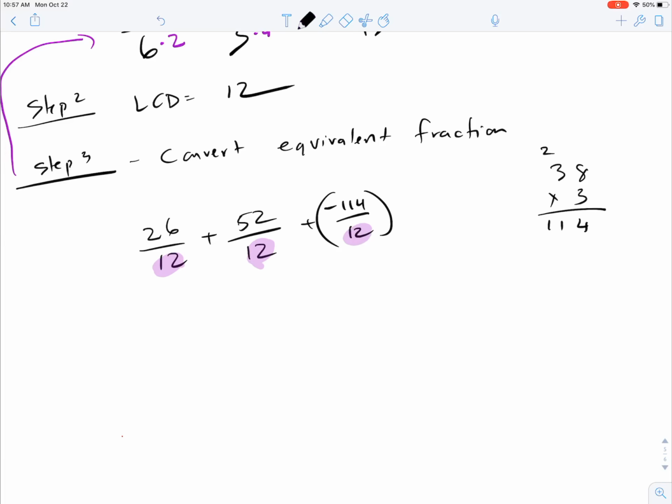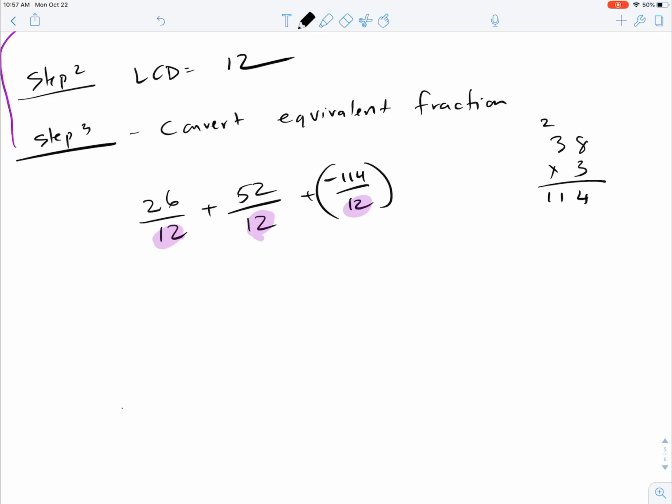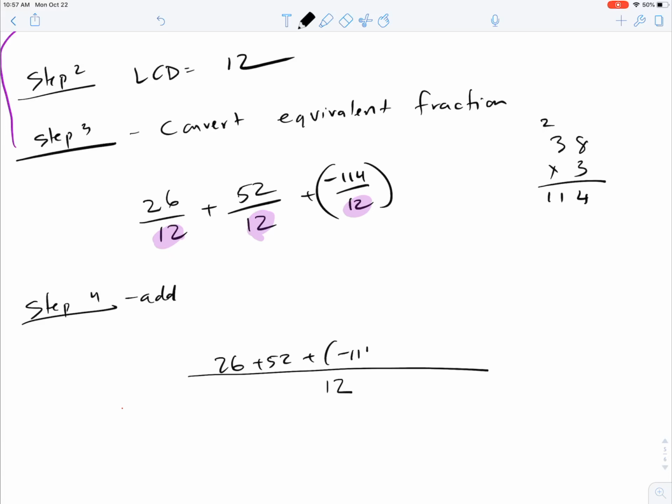Now I'm going to add all three, but I'm going to write it in a way that's simple to look at. Step 4, I'm just going to add. I'm going to rewrite just one denominator, because I know they're all common, under a big division line. So this is 26 plus 52 plus negative 114.